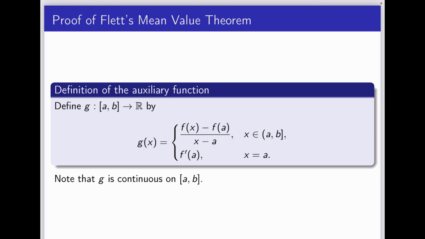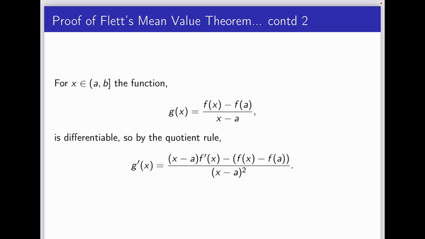From this definition, we see that the right hand derivative at a is equal to f prime a, and therefore g is continuous on the closed interval [a, b]. This is an important point to note, that g is continuous on the closed interval [a, b].